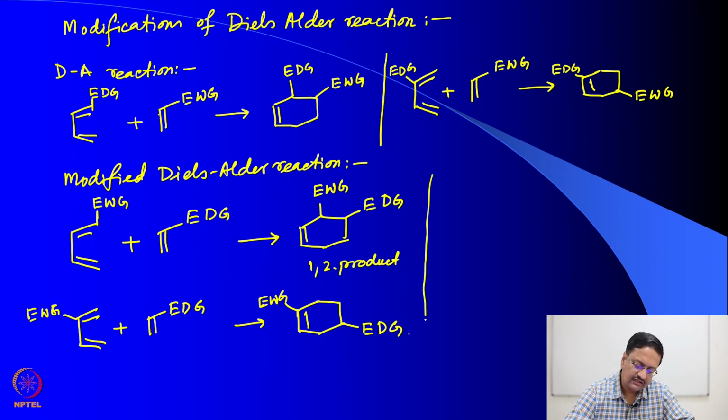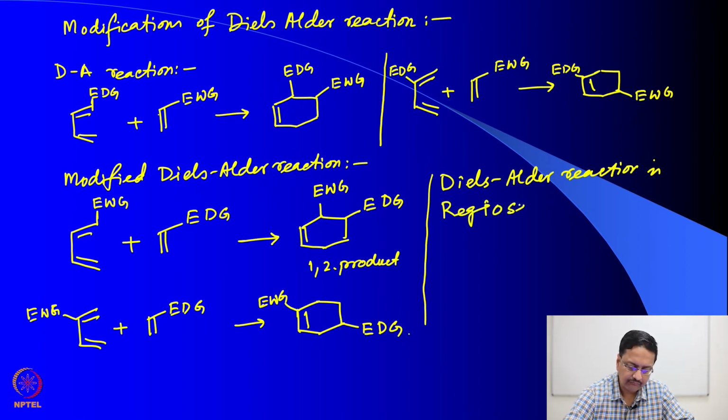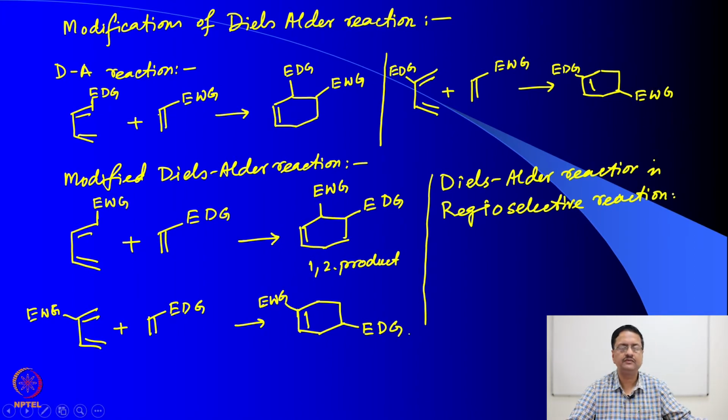So, this Diels-Alder reaction is a regioselective reaction. Among the two possible regions, the reaction happens through a particular region only and not through the other region of the reactants, the diene and dienophile.